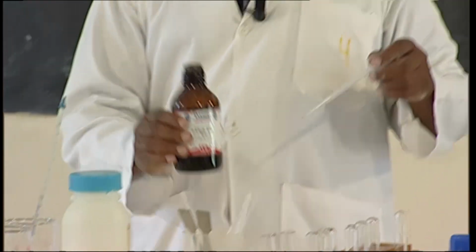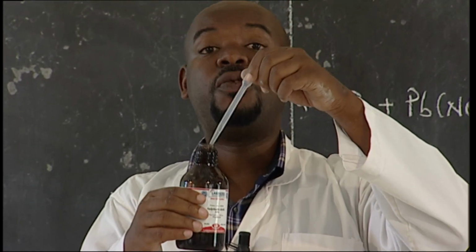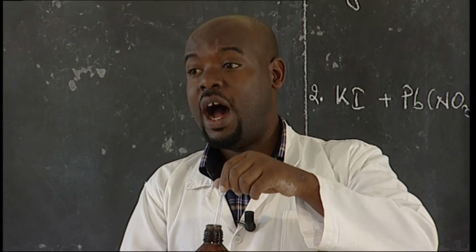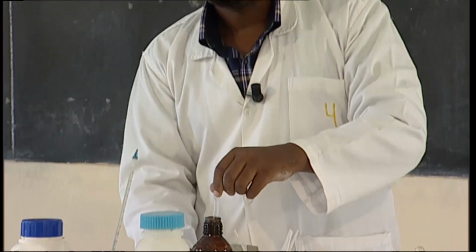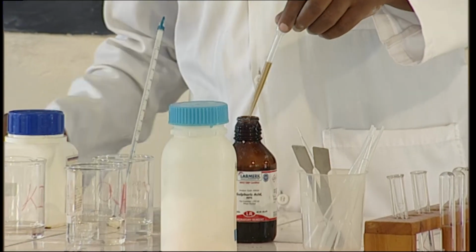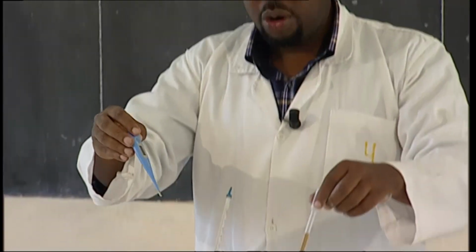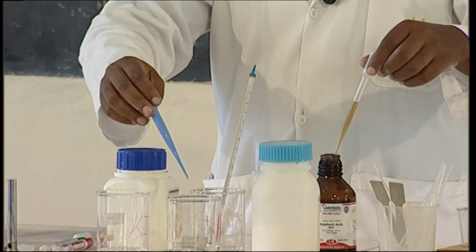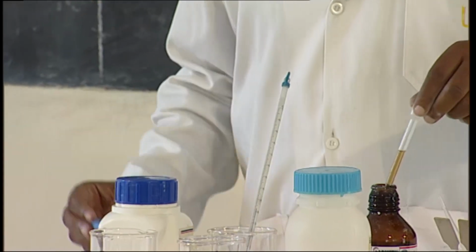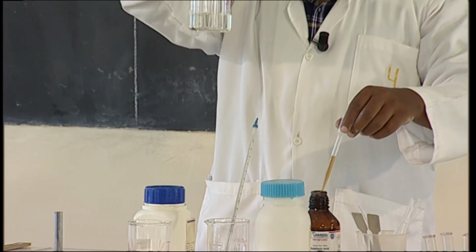Now, let us start with the formation of an acidic solution. The acid we have here is sulfuric acid. You should always be careful when handling chemicals. Here we have our digital thermometer, and the water we have here is at room temperature.